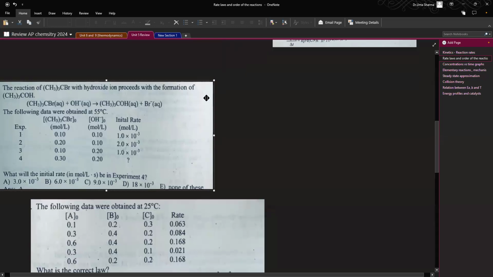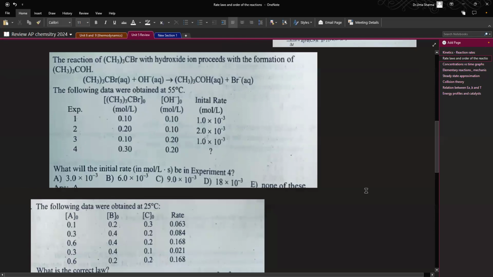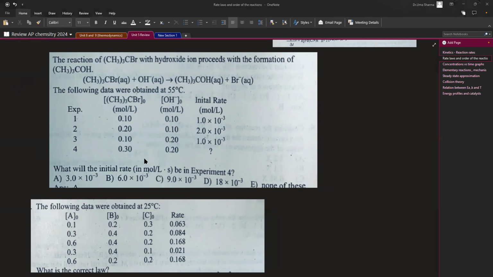Every time the first step is that you assume the rate law in terms of the reactants. This one, children. This is a very different question. So first I'm going to assume the rate law.